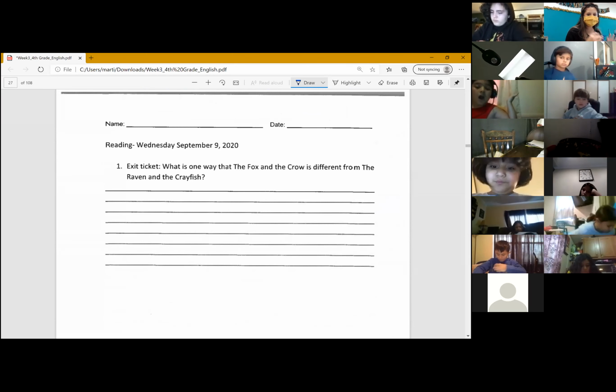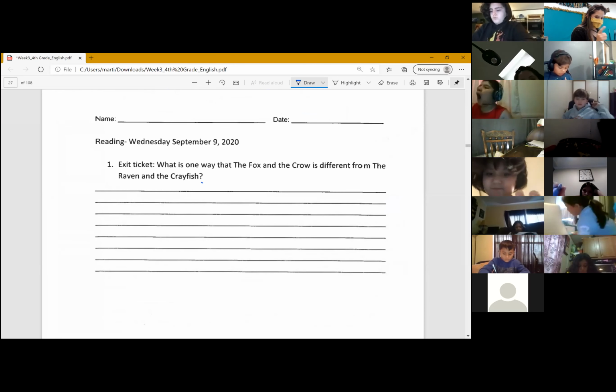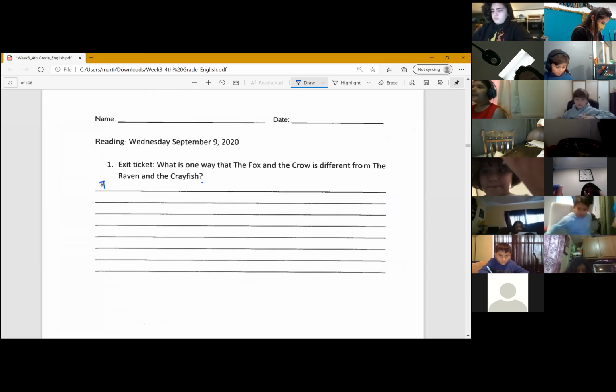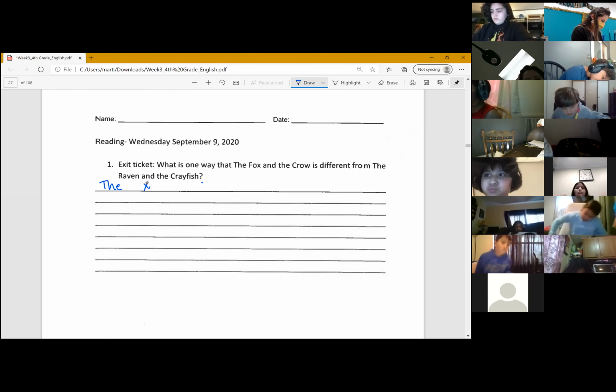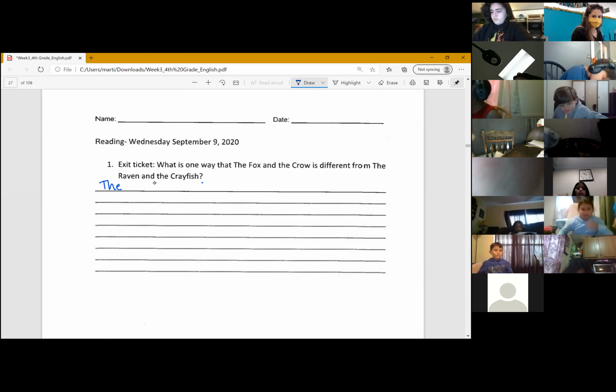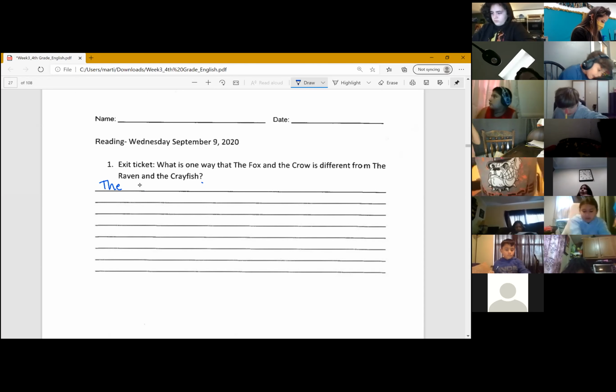So I'm going to give you a sentence stem that you can use because we have to write in complete sentences. The Fox and the Crow is a title, right? What do I know about titles? Capitalize them.